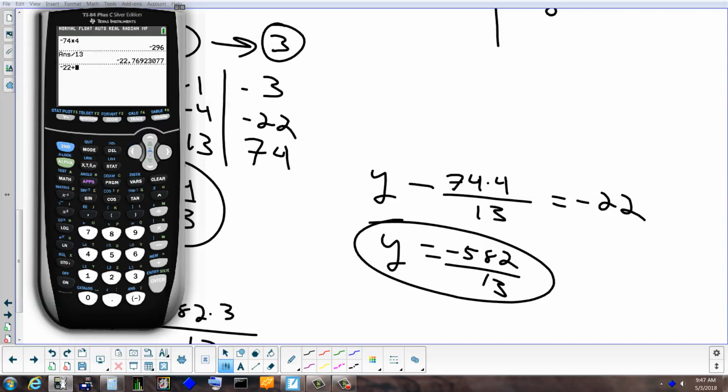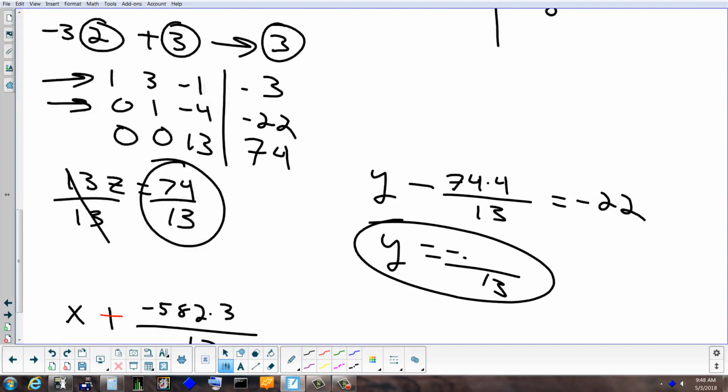I want to add 22.769, but I don't want to round it. If I just do plus the negative of my answer, that's awful. There we go. And convert that to a fraction. 10/13. Thank you. All right, that's actually going to be a little nicer to work with.